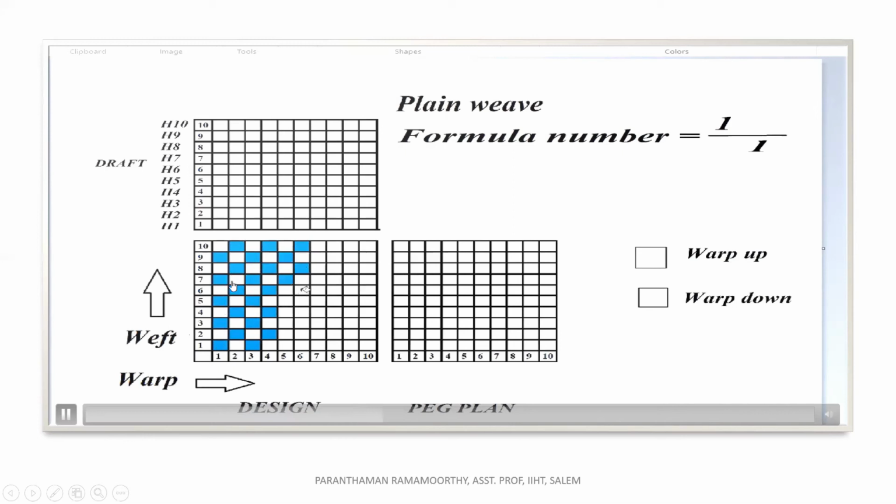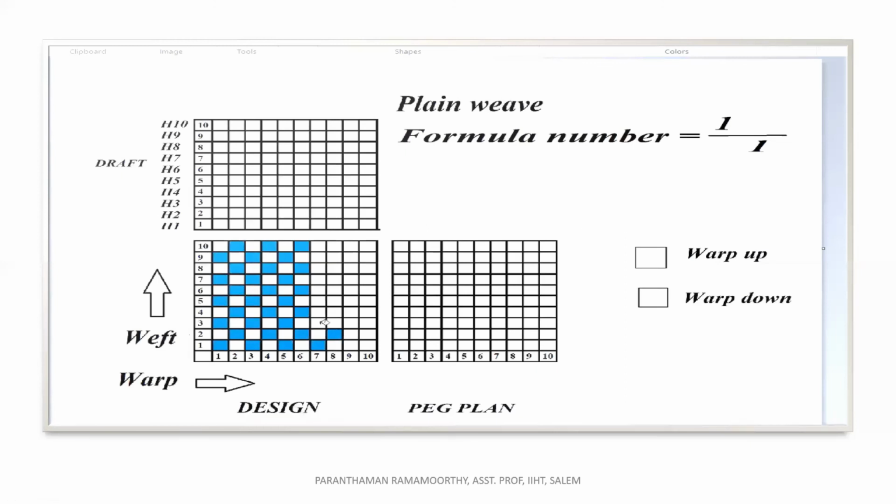Further are repeating units. Here we are repeating the design five times in the warp way and weft way. So the design is marked here.